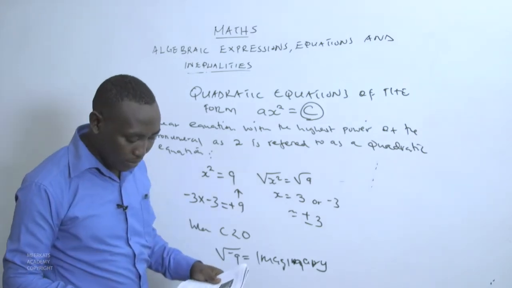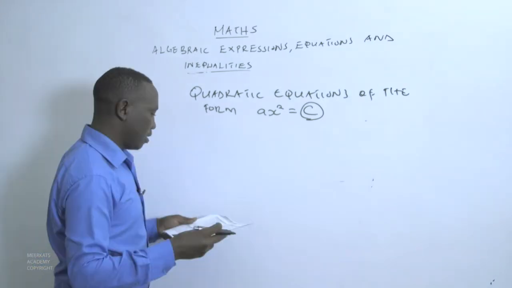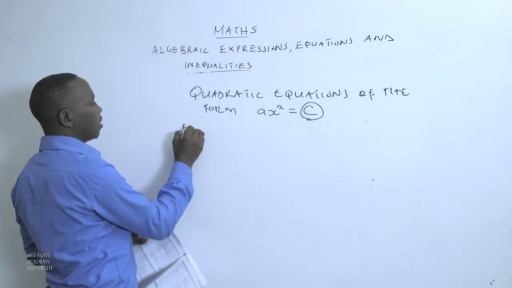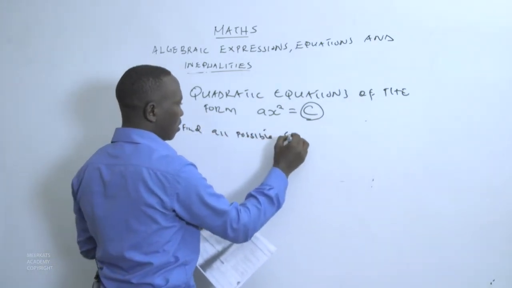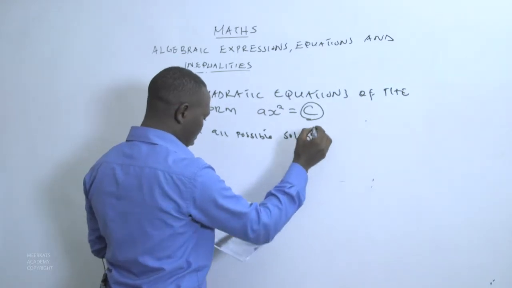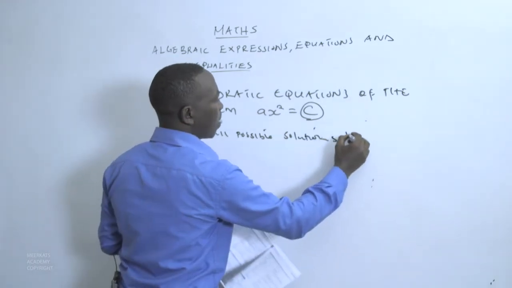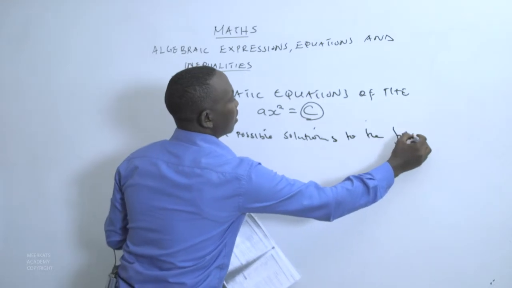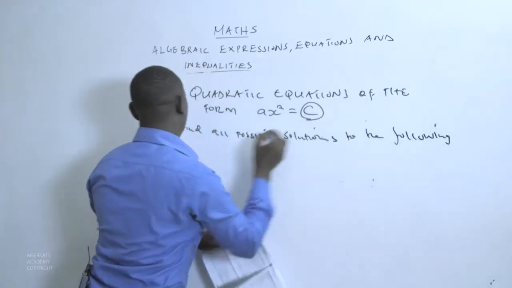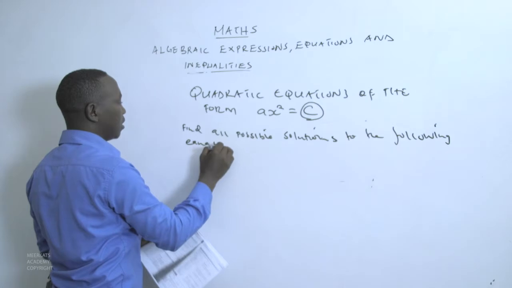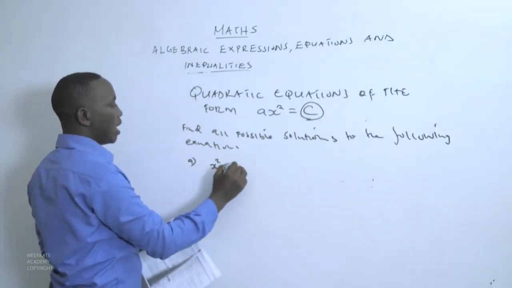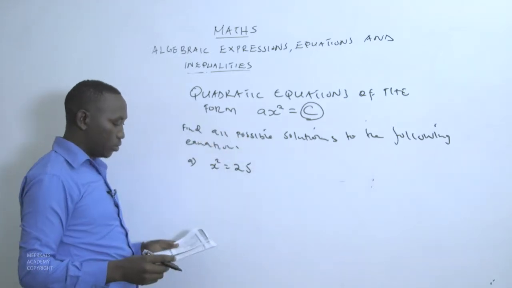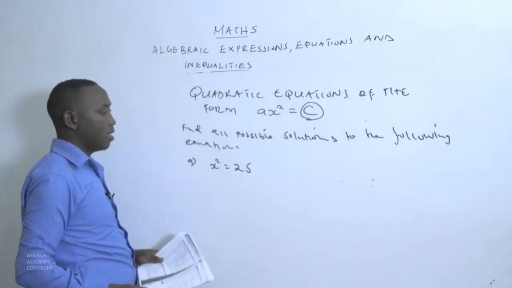Let us consider an example. Find all possible solutions to the following equations. A, x squared is equal to 25.